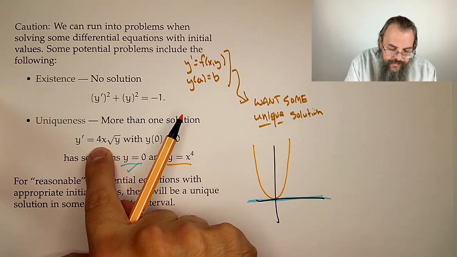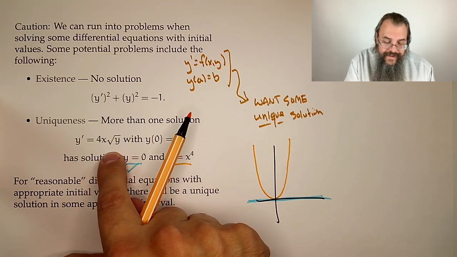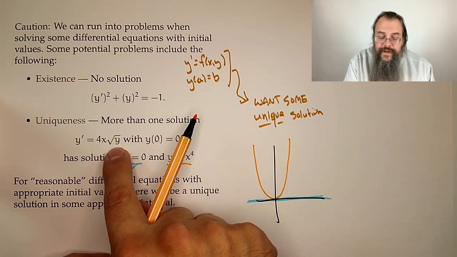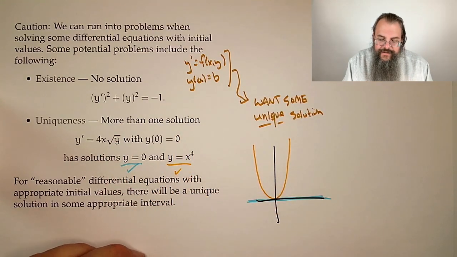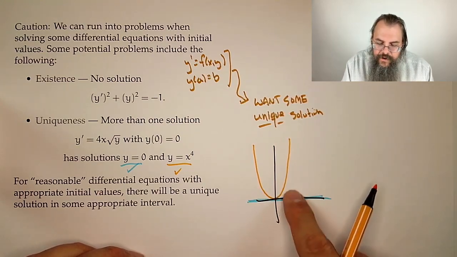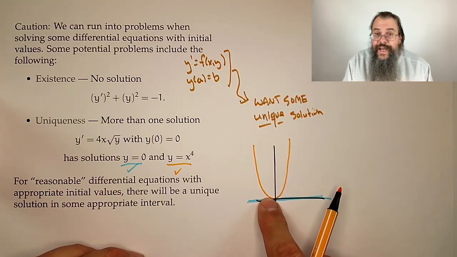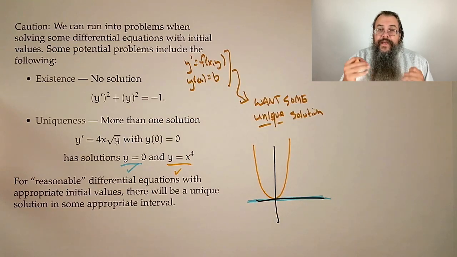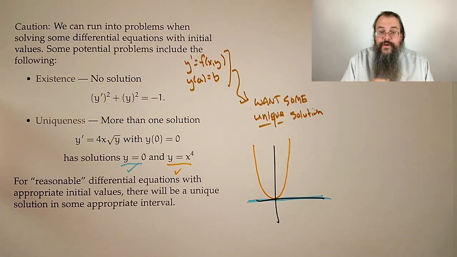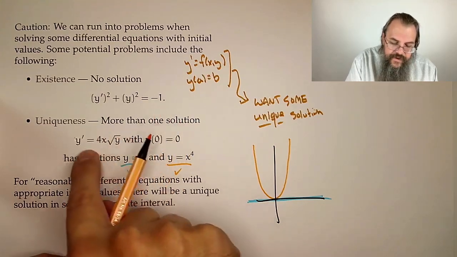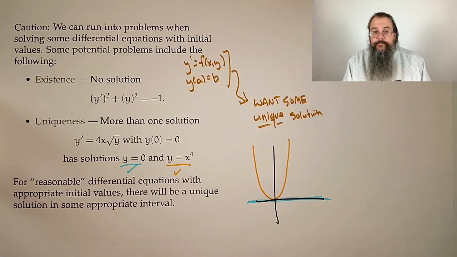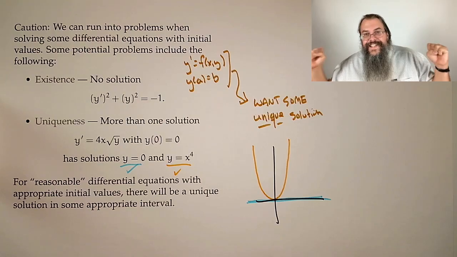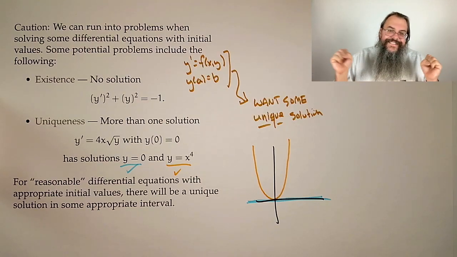Then we have 4x times the square root of x to the fourth, which is x squared. So 4x times x squared is 4x cubed. So yeah, that also checks, which means that we now have two different solutions to the same initial value problem. Remember, an initial value problem is a differential equation and an initial value that needs to be satisfied. All right, so now things can go bad.